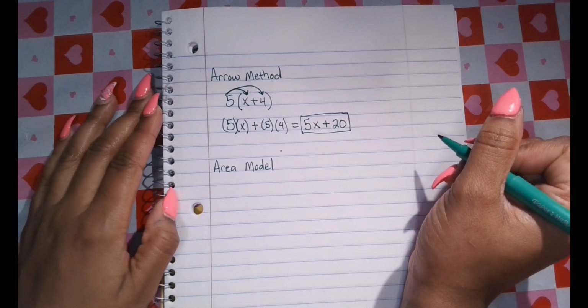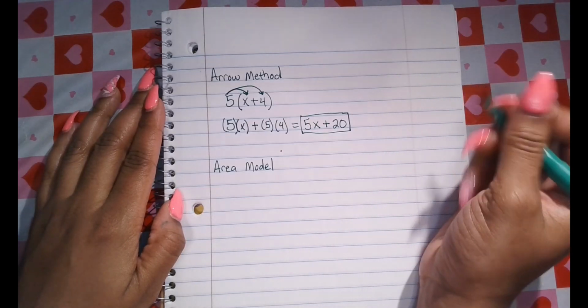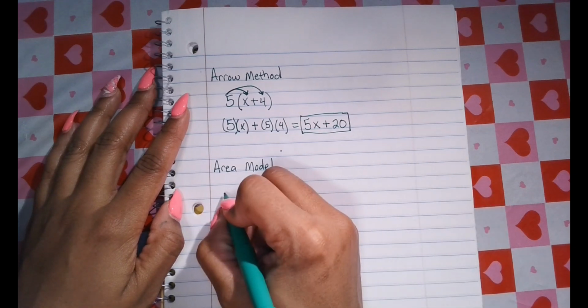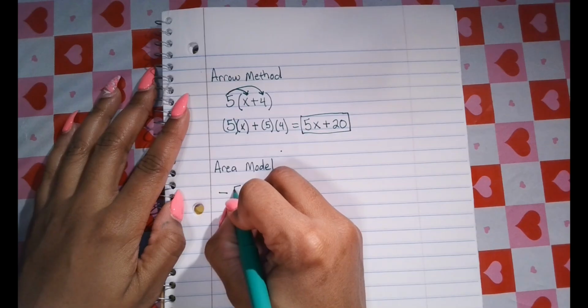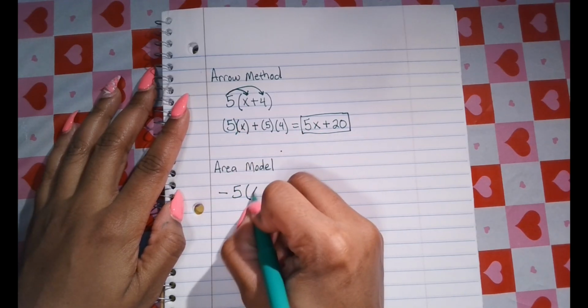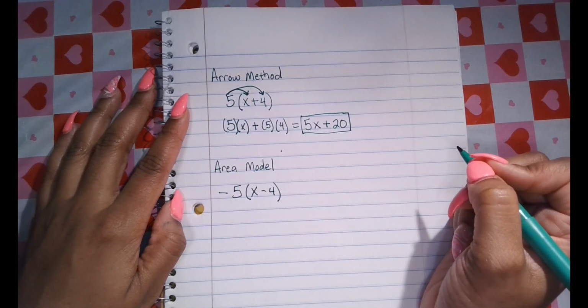Right? So with the second strategy, I'm going to use different numbers so you can see the difference between using positive and negative numbers. So now I'm going to change this to negative 5 times x minus 4. So let's see the difference here.